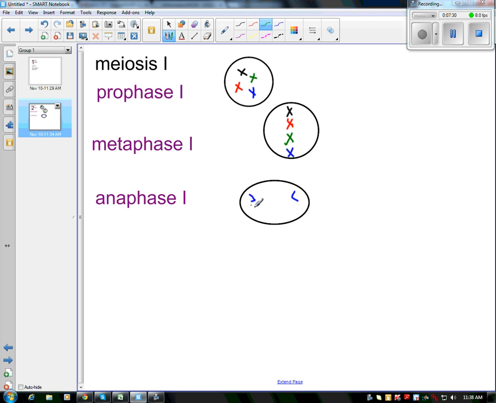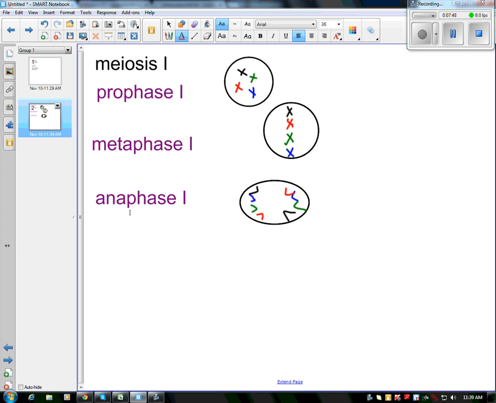This is hard to draw. You have no idea. And this is just like what happened during mitosis.